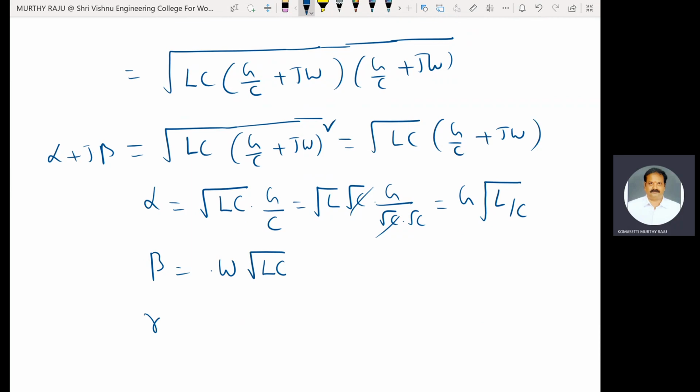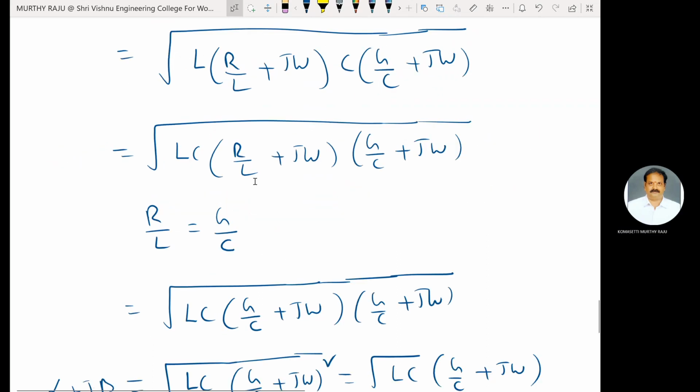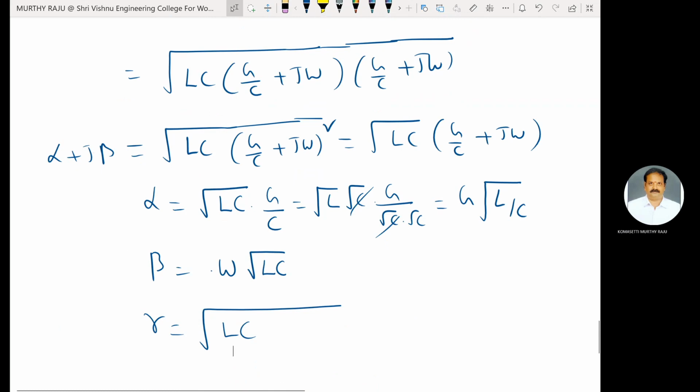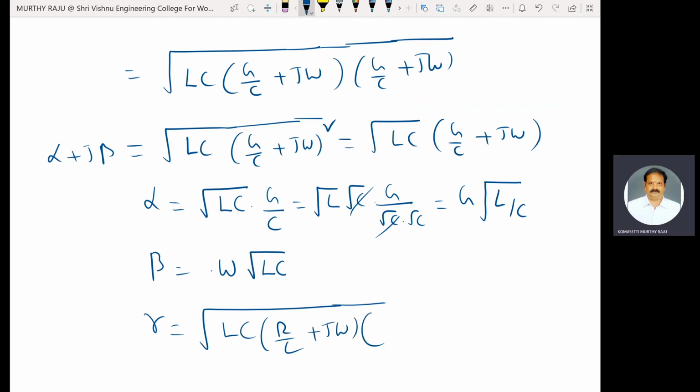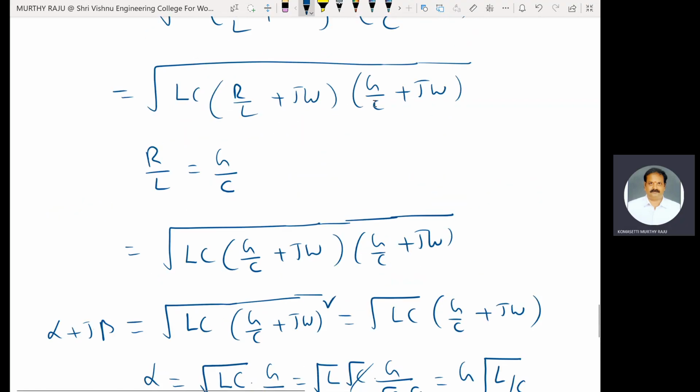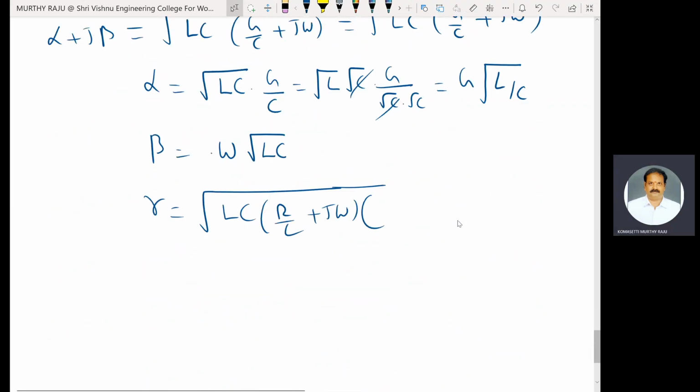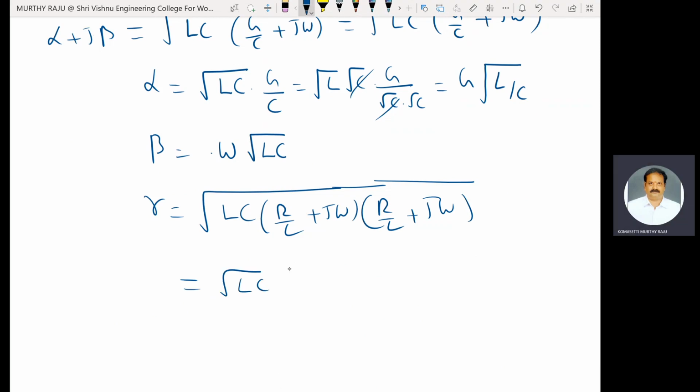Here gamma is equal to root LC (R by L plus j omega). For a distortionless line, G by C is equal to R by L, so gamma is root LC times (R by L plus j omega), which is alpha plus j beta.